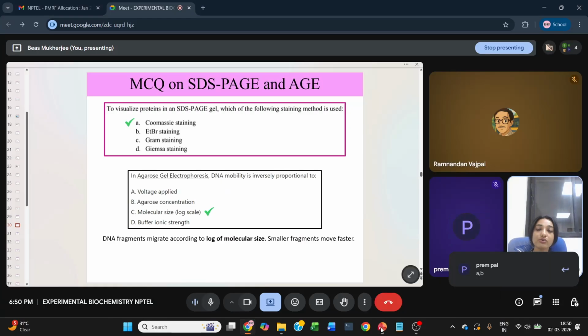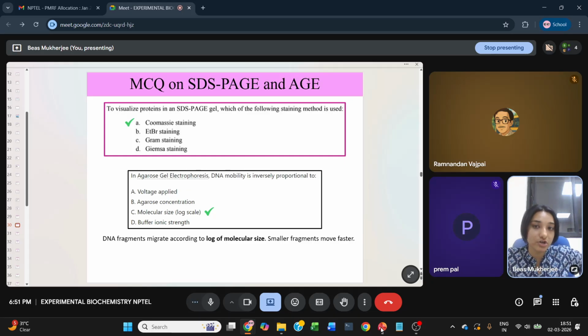Yeah. So for the first one, it should be Coomassie staining. That is correct. And for the next one, in agarose gel electrophoresis, DNA mobility is inversely proportional to molecular size or log scale. That is correct. Plus, it is actually also affected by agarose concentration. Okay. But in this question, maybe both would be the right answer if that would be an MSQ.